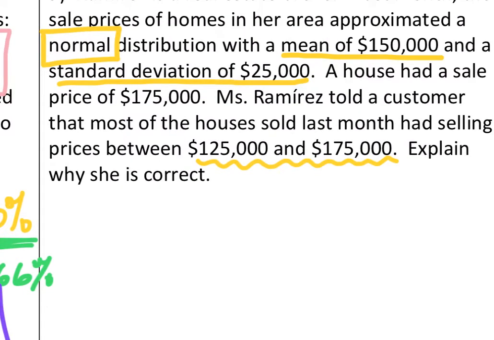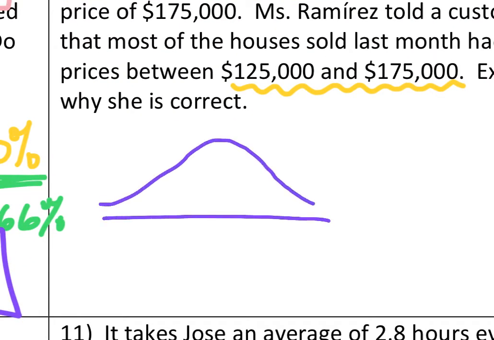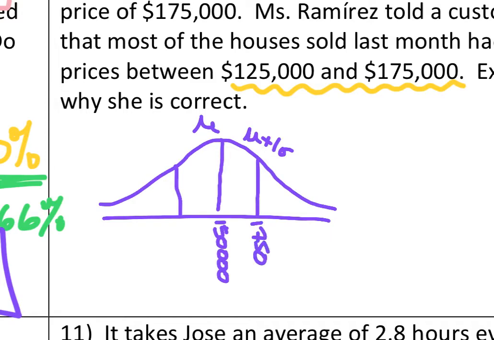So essentially, because it's normal, we can draw a normal curve for this. And I'm going to not write all the zeros out to save space, but if the mean of the home prices is 150,000, maybe I will write the zeros, there we go, and the standard deviation is 25,000, that means that the mean plus 1 standard deviation is going to be 175,000.